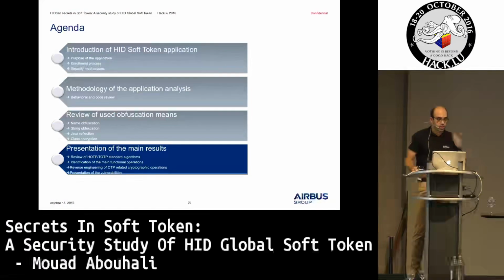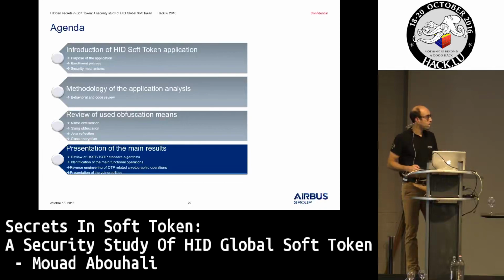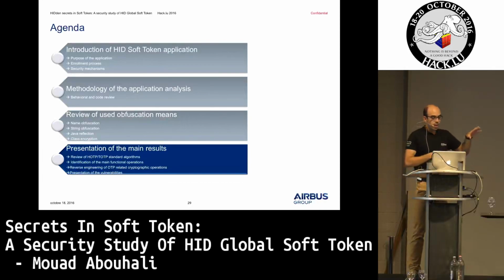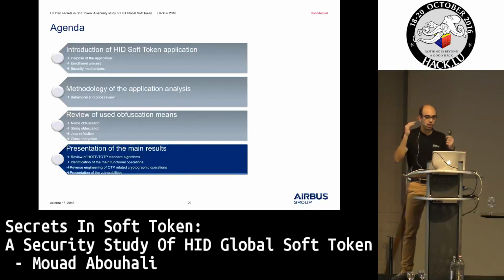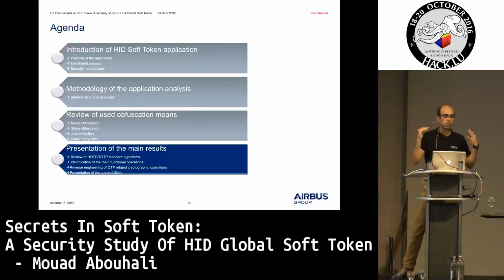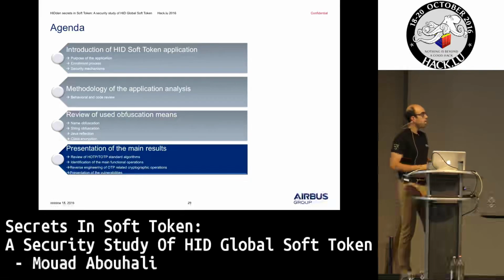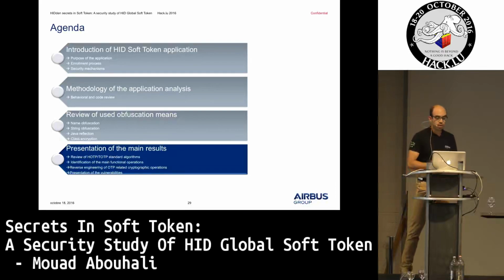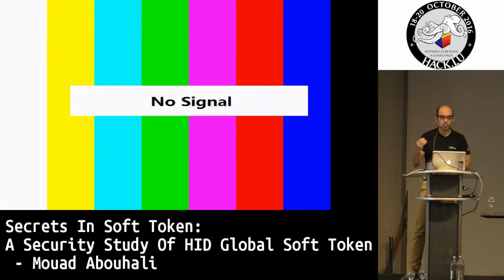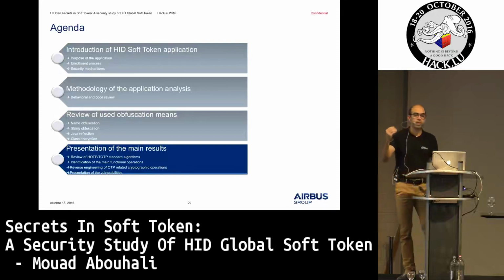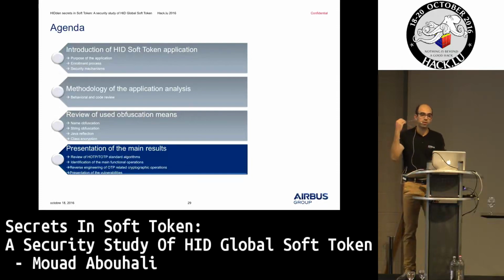So the end part is, for me, the most important one. Once we had the code, we asked ourselves, what are we looking for now? Really, we are looking for something like this, because the algorithm used for generating a one-time password is a standard algorithm.